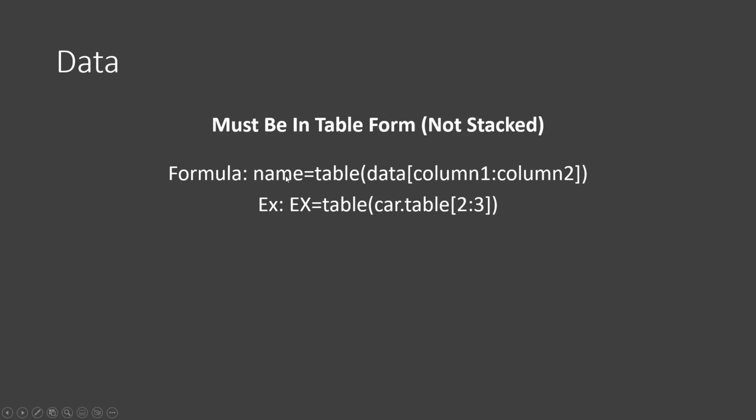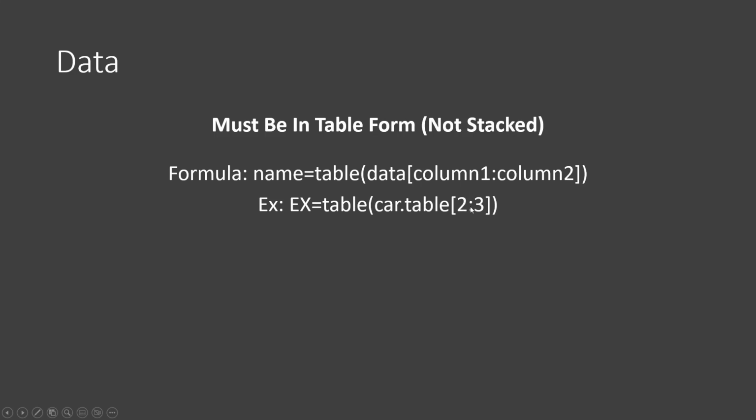The name is just whatever name you want your tabled data to be. Then you use the table function, the name of your data, and whatever columns you want contained within the table, so column 1, 2, or whatever. In this example, I named my table data EX, and then inputted car.table, which is the data name, and then columns 2 to 3.